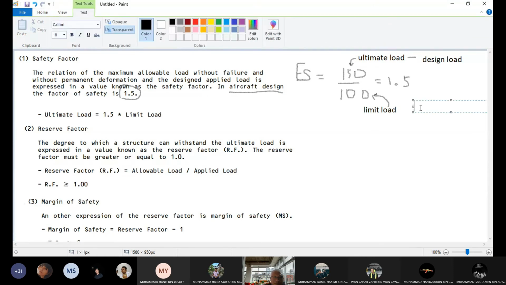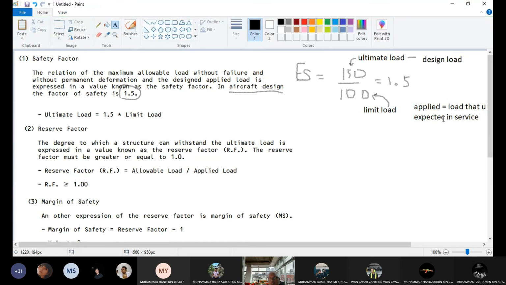Applied means the load that you expect in service. So you expect 100 in service, you design to 150 to get 1.5. So that is what I mean.